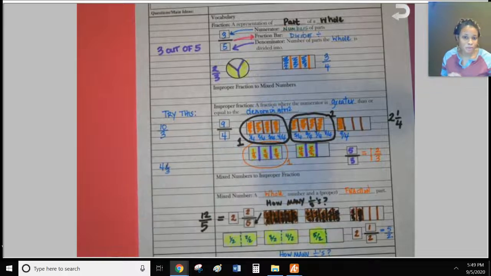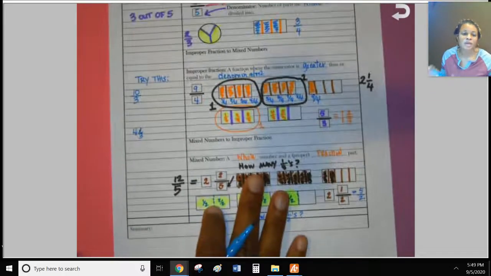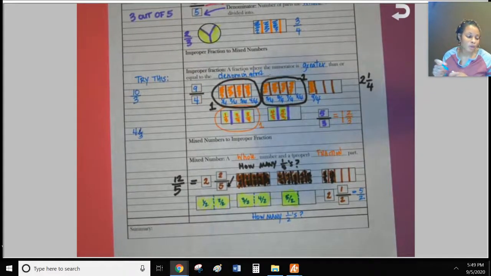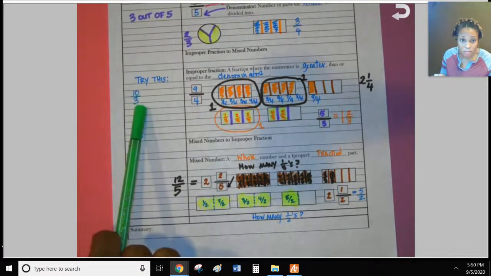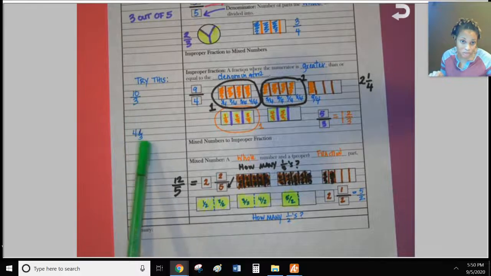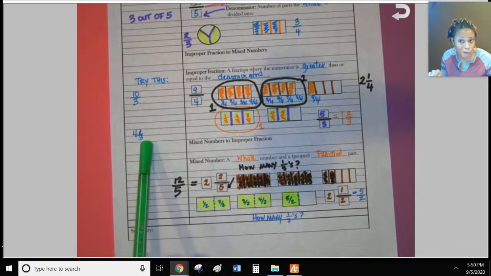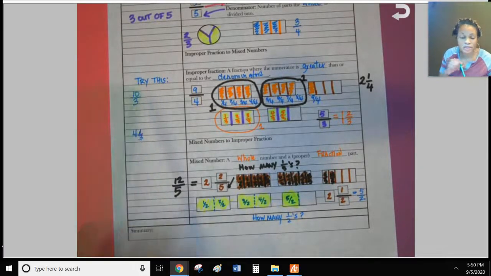I'm trying not to make them too big, so you don't have to write all this stuff. How would you model this? Take a second, pause your video, and show me how this model would look. Then write what the mixed number is here and what the improper fraction is here. How many thirds are there in 4 and 1/3? And in 10 thirds, how many wholes are there? Take a second, pause, and work it out.